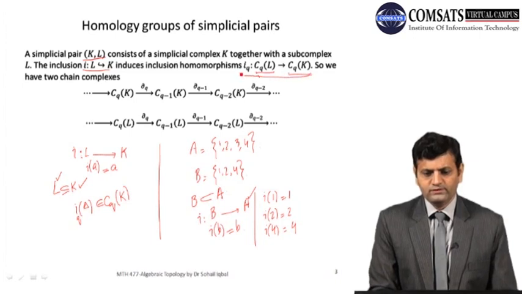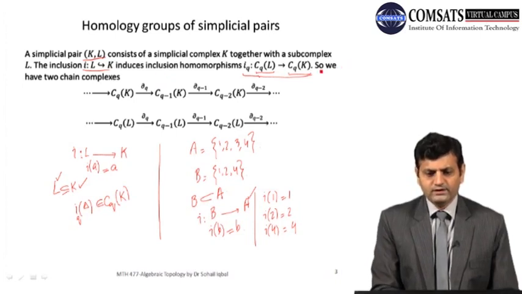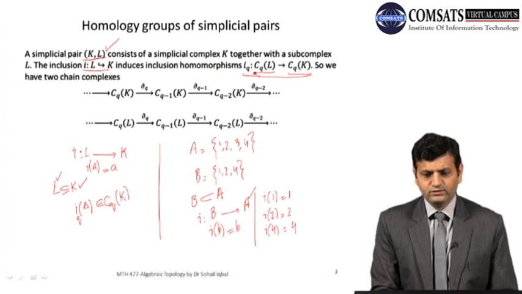So why is this a homomorphism? Because as I said earlier, I'm just taking an element of CQL and taking it as an element of CQK. So basically this is just identity. Okay, so if it is just identity, then basically this is a homomorphism. This can be proved very trivially. Okay, so that's how, given any simplicial pair, we can define an inclusion homomorphism.